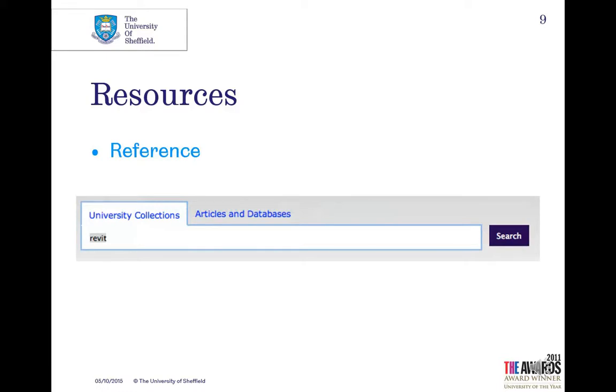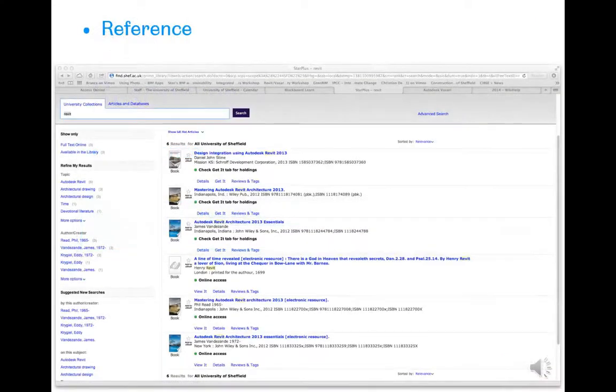For reference, if you go onto the University Library Star Catalogue and just type in Revit, there are quite a few guidebooks to Revit on there. There's nothing yet for 2016.